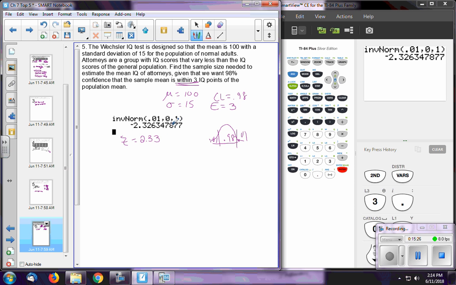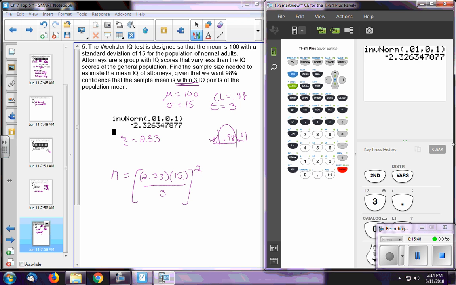So with a z-score of 2.33 and the rest of this information, we can plug in to find our minimum sample size. Our minimum sample size is given by the z-score times our standard deviation divided by that margin of error that we need to stay within, all of that squared.